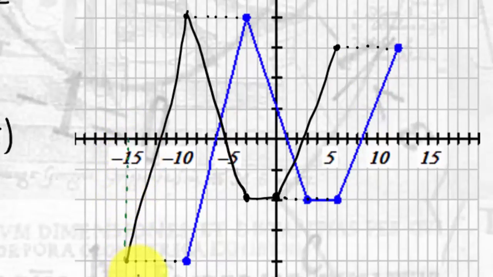Negative 15. Negative 15 divided by 3, negative 5. 1, 2, 3, 4, 5. Right here. I'm dividing by 3. You take this x length right here and you divide it by 3. I take 1/3 of it. That's what I do. So this point is going to go right here.